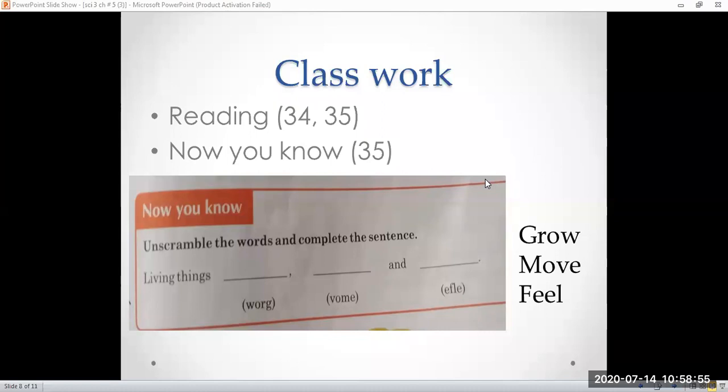Animals have feelings. Human beings and animals have sense organs such as eyes, ears, nose, tongue, and skin to feel and be aware of the changes taking place around them.